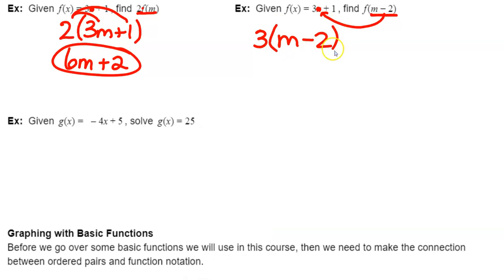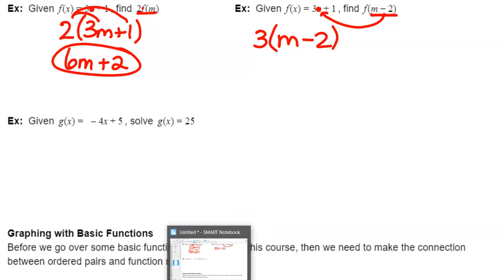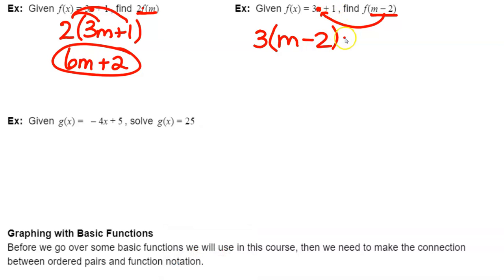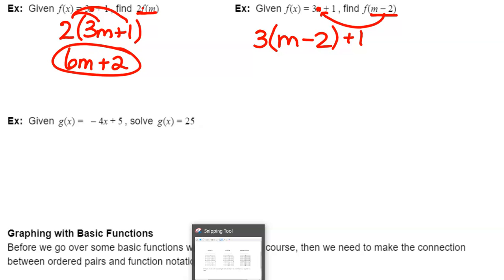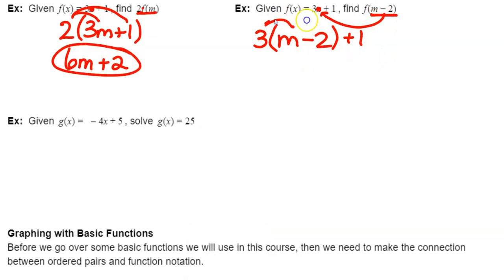So that means I need to engage my parentheses there, and then we can't forget about our plus 1 in our formula. So 3 times what's inside of my function and add 1. Now again, this is another distributive property that I have. So I'm going to multiply 3 times m, which gives me 3m. And 3 times a negative 2 gives me a negative 6. Add 1, don't forget that.